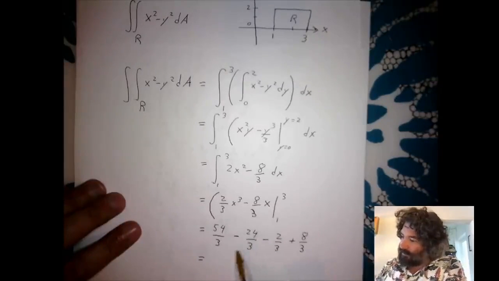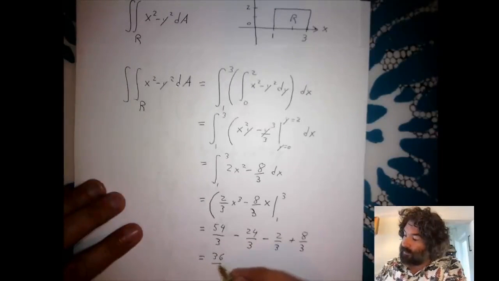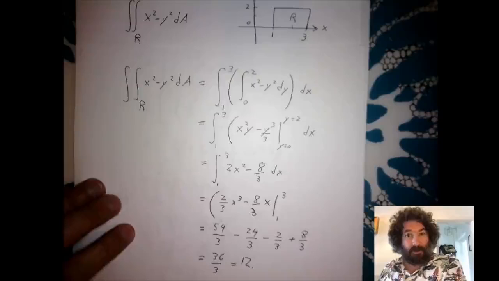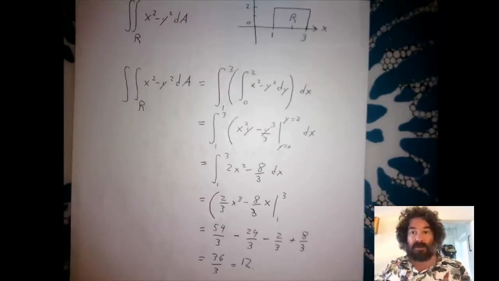All right, so let's see, we get 30 thirds minus 2 is 28 thirds plus 8 is 36 thirds, which is again 12. Okay, so we got the same answer doing the integration with respect to y first as the inner integral.